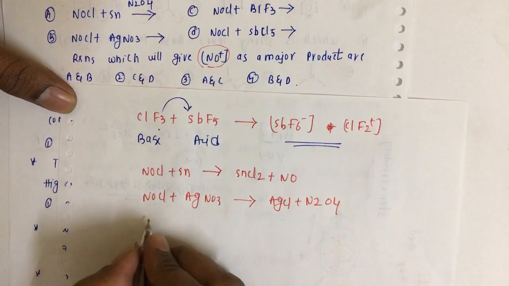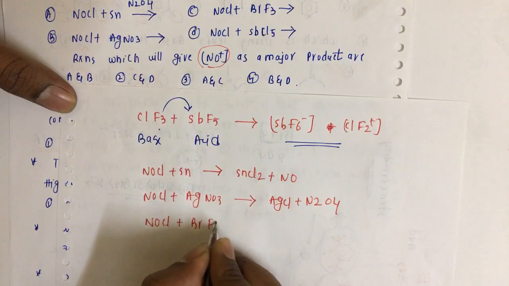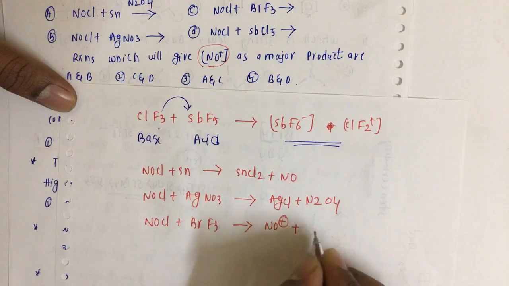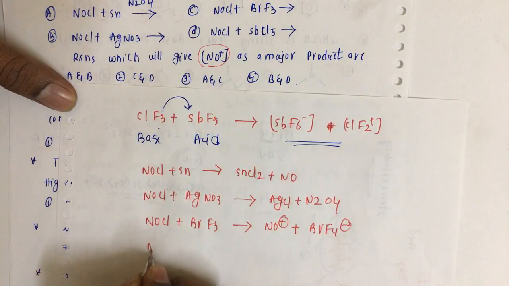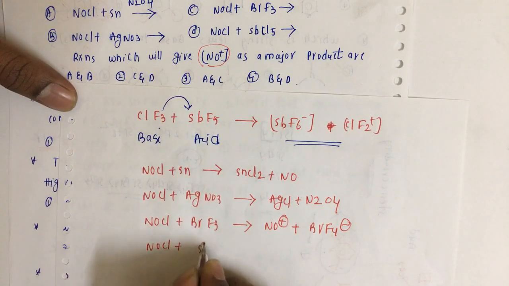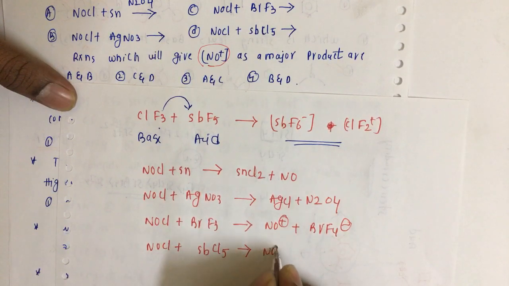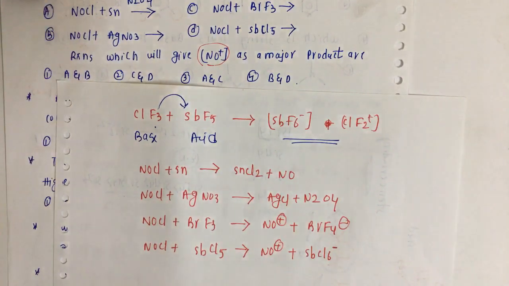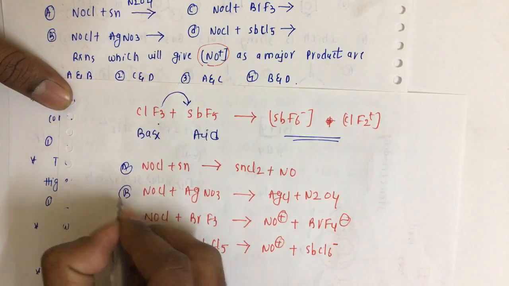And the third reaction NOCl plus BrF3 which forms NO plus plus BrF4 minus, and NOCl plus SbCl5 which leads to form NO plus plus SbCl6 minus. Okay, so these are the four reactions they have given. This is A, B, C, D.